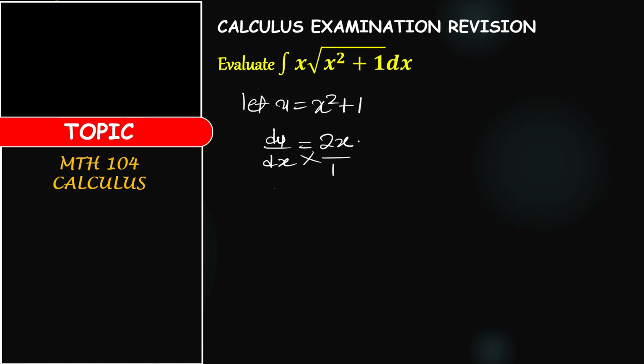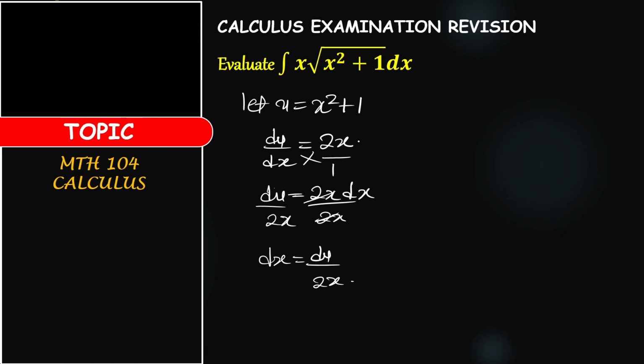Are you getting it? When you cross multiply, du will be 2s dx. Is that okay? du will be equal to 2s dx. So that your dx will be du all over 2s. So that is the approach you need to know.